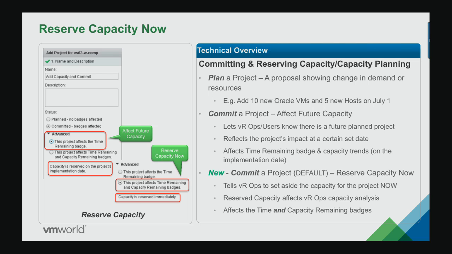Now, on the flip side of that, you could say, you know what? I know for sure I'm adding 5 hosts next Monday. I know that for sure. They're already racked, they're ready to go. I just got to fire them up. So you can go in there and say, hey, I'm adding 5 physical hosts, and this is how much capacity they have, and I want to commit it.